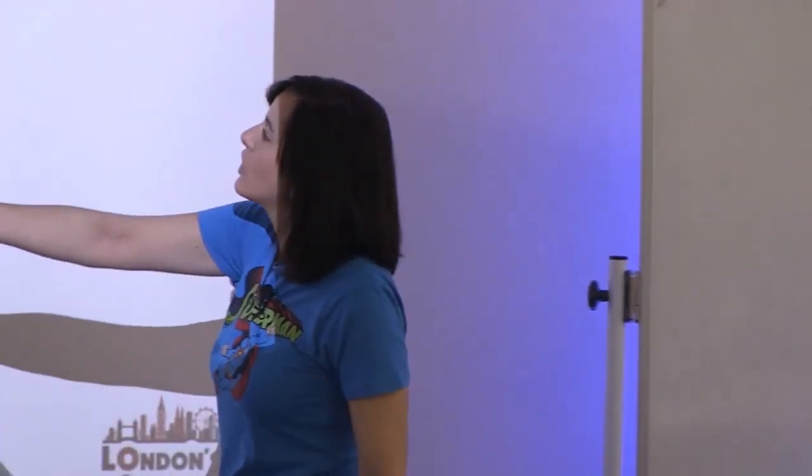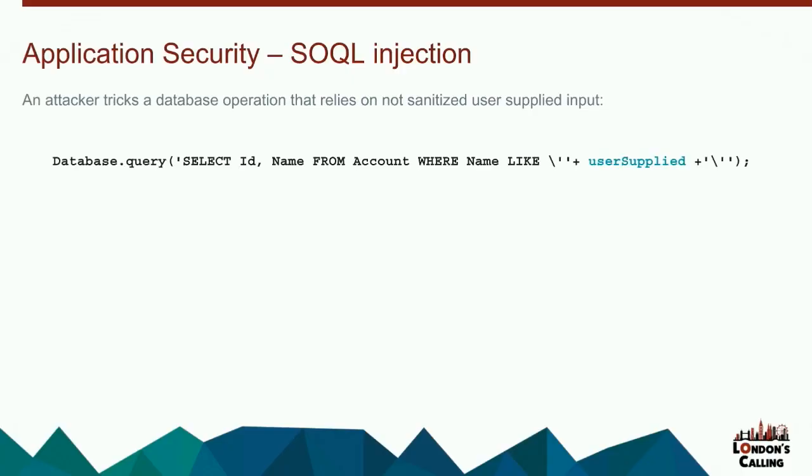With this attack, what happens is that an attacker gets to trick a database operation because we are not sanitizing the user-supplied input. Let's say that in Salesforce, we have this query here. Select id, name from account, where name is like something supplied by the user.